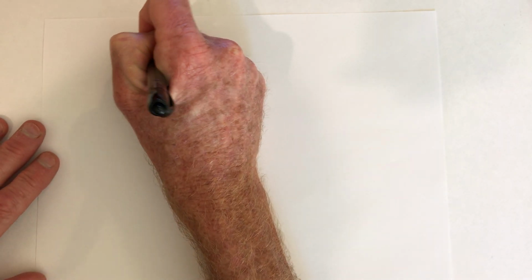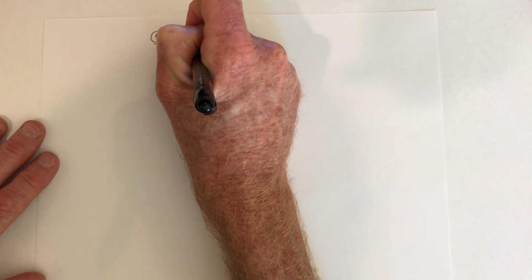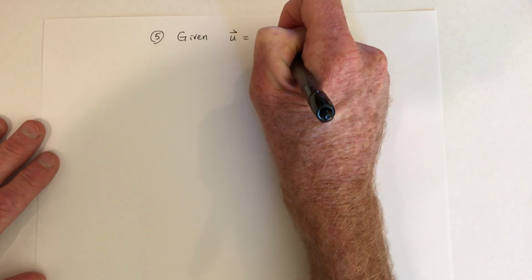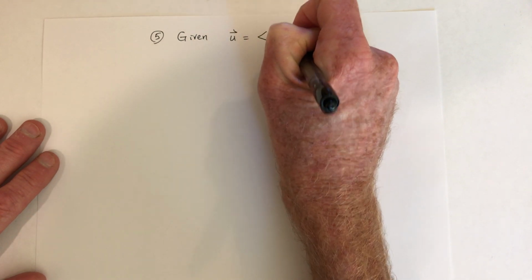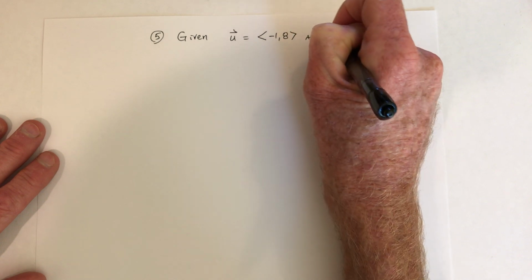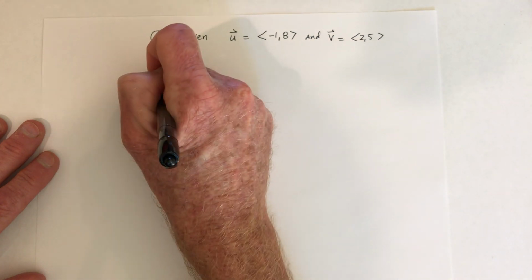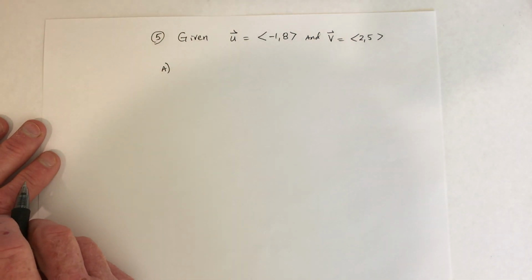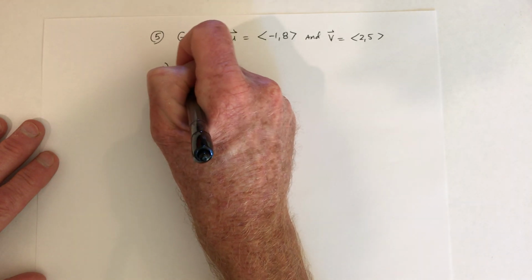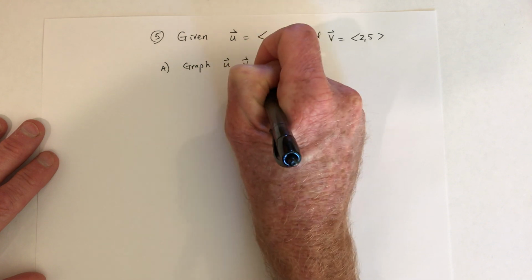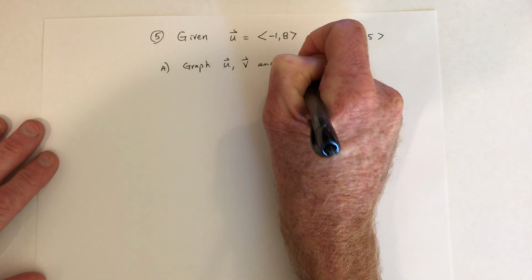And then for number 5 with vectors. So given the vector u, which is -1, 8, and vector v, which is 2, 5. Then graph u, v, and u plus v.